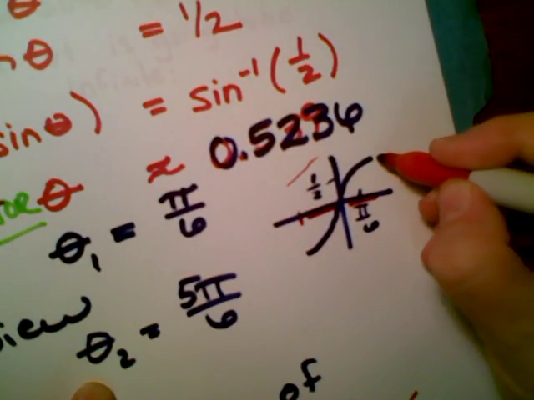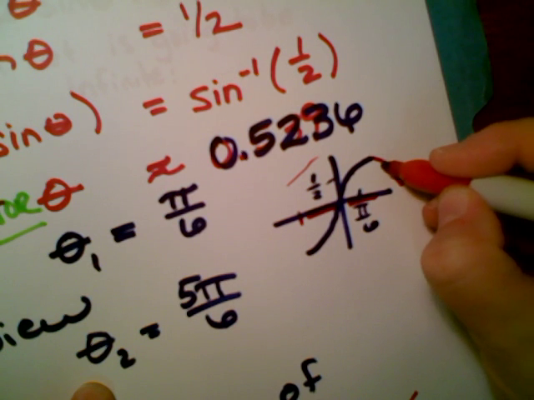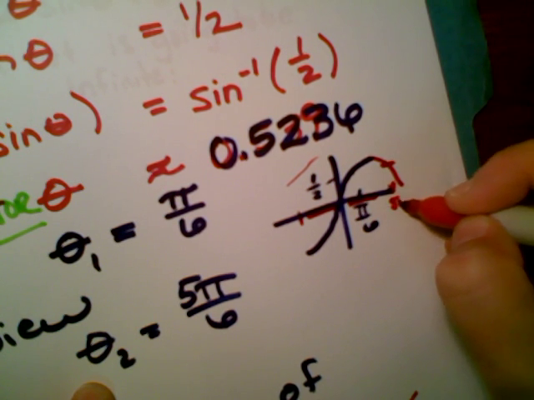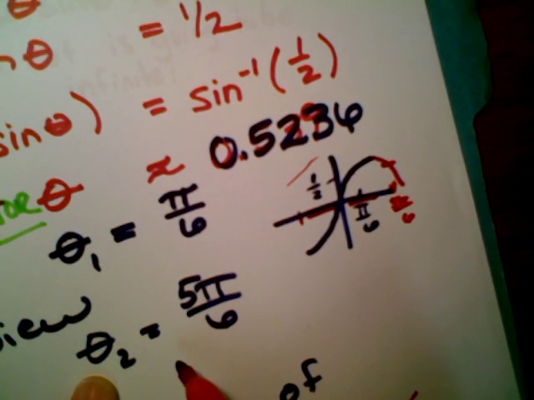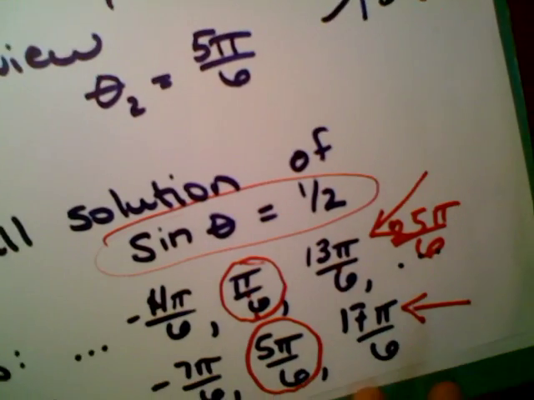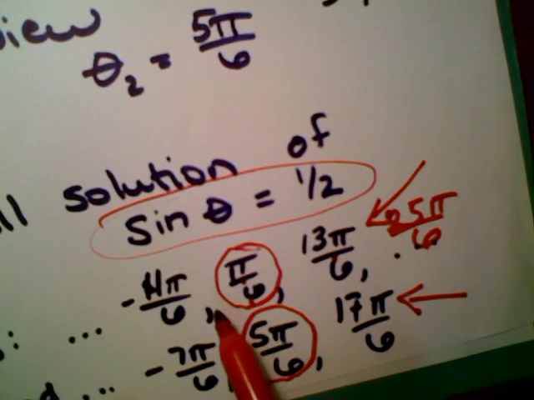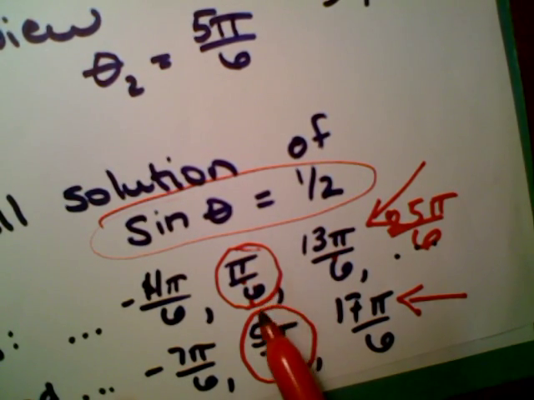I was going to prompt you that there was going to be a second value of theta, namely 5 pi over 6, in the 2nd quadrant that also satisfies the equation. And then I'll go on and show you how to make an infinite list of solutions.